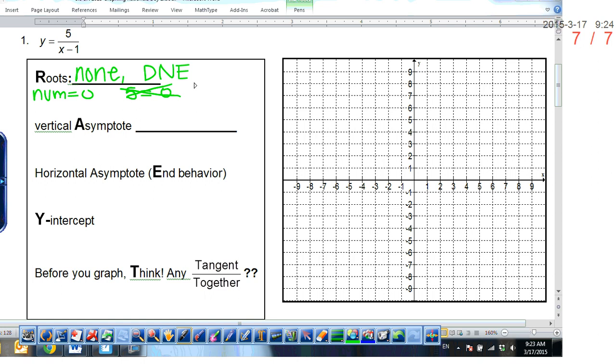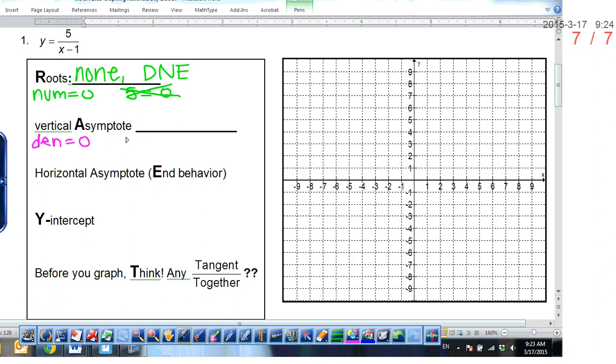All right, vertical asymptotes. That's the A in Frady. Okay, so your vertical asymptotes, how do we find those? Good. Set the denominator equal to 0. All right. What's our denominator? Good.